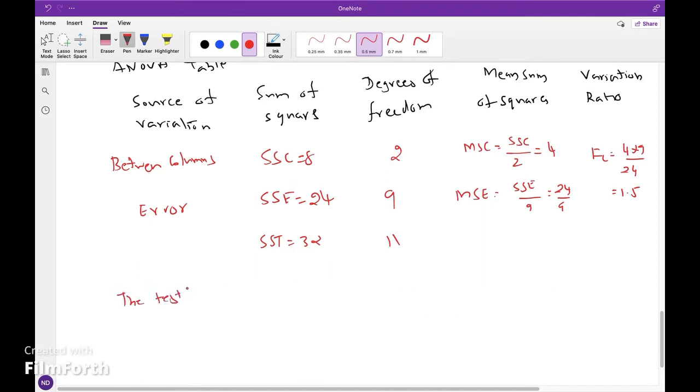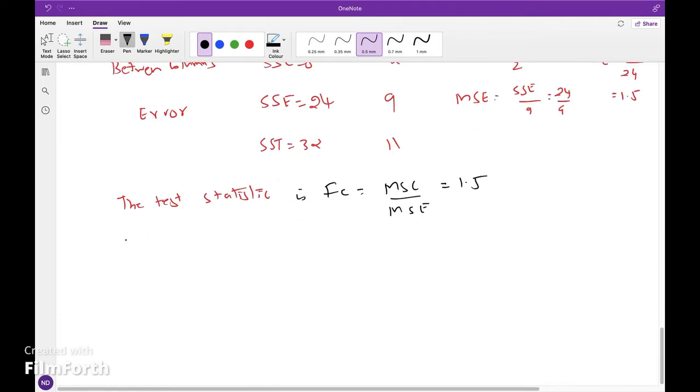The test statistic is FC equal to MSC by MSE, mean sum of squares divided by mean sum of error, that is equal to 1.5.